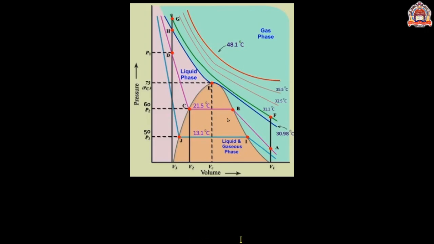At this stage, dP by dV, the change in pressure by change in volume, is equal to 0. This point is called the critical point, and the isothermal on which the point lies is called the critical isothermal.